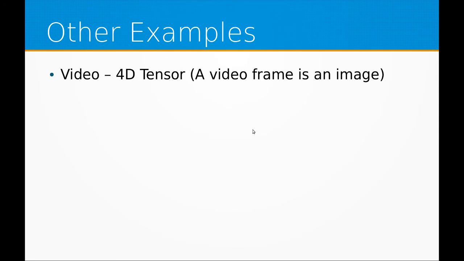Some other examples are videos. Videos are nothing but 4D tensors, because a video is nothing but stacks of images, right? And they're moving so fast that you see it as a video. So a video frame is an image.